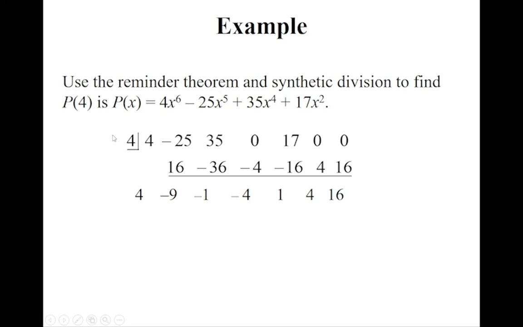We were able to do synthetic division on 4, get the remainder, and have that be the answer. Thus, p of 4 is 16, the remainder. And that is it for this topic.